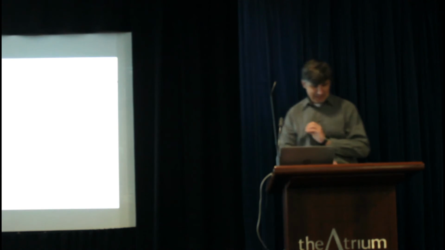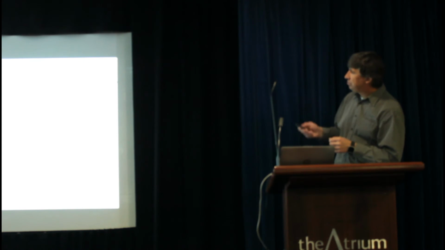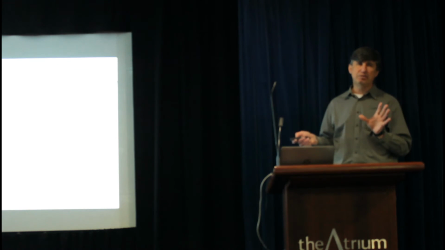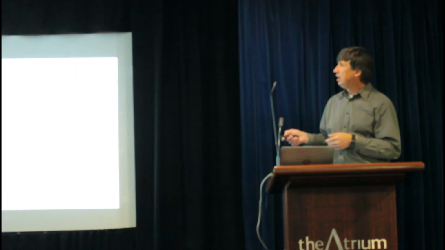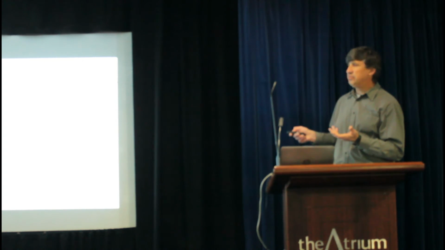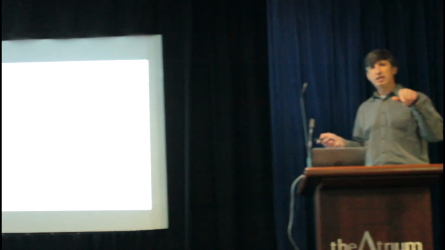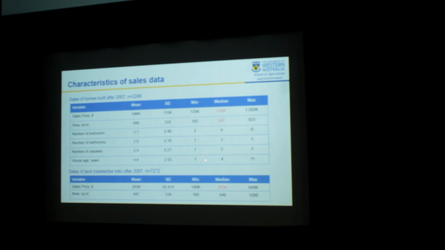And then these are statistics. We have about 10,000 observations in total, lots and houses, from 2007 to 2019. For houses we have these characteristics: median price 435 in 2019 prices, median area 500 square meters, 4 bedrooms, 2 bathrooms, 2 car parks, and an average age of 4 years.